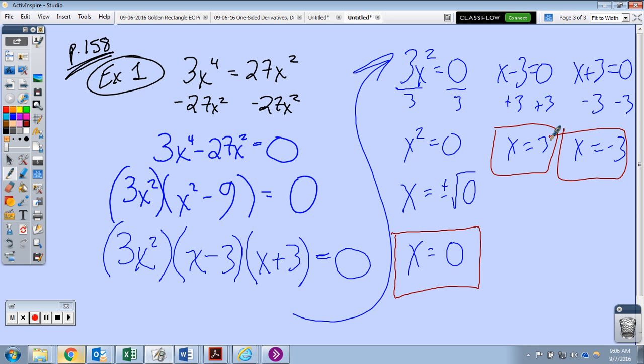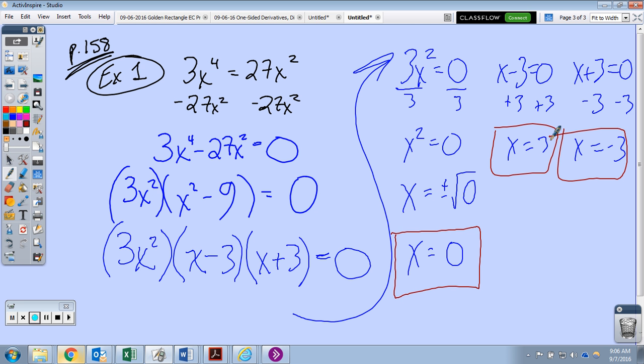It will touch it, because we have this situation where it is squared. It has a multiplicity of 2. Exactly. That's this exact scenario. If I graph this, the graph will just touch the x-axis at 0. Now these have a power of 1.